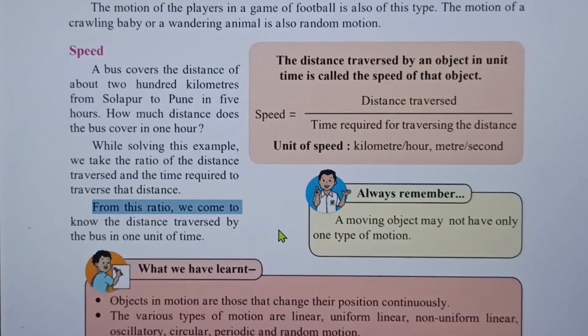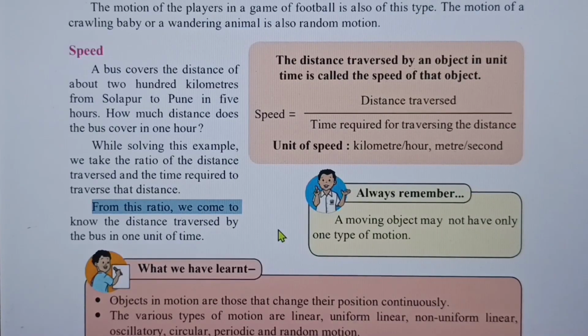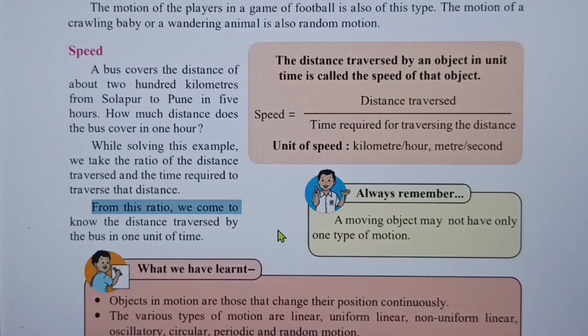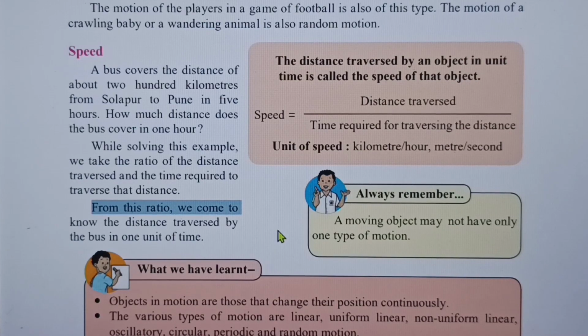So what is this saying? How to take out the speed, and also to know how much distance has been covered. For example, a bus covers a distance of about 200 kilometers in 5 hours. So 200 divided by 5 comes out to be 40. So 40 is the speed, 40 kilometer per hour.